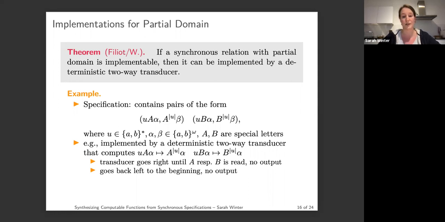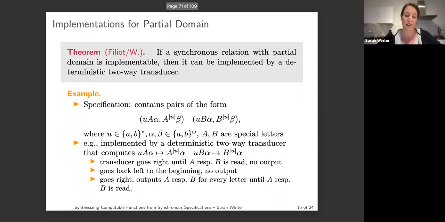Then when it reaches the beginning, it can go right again and produce, depending on whether it saw A or B, the letter big A or big B until it reaches in the input the special signal A or B again. And then it can simply copy the input while it goes again to the right.